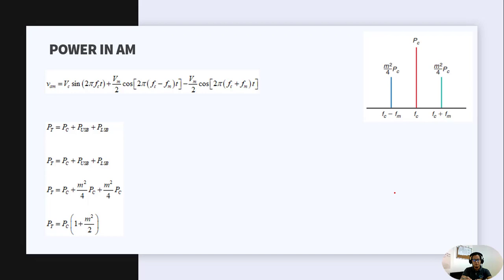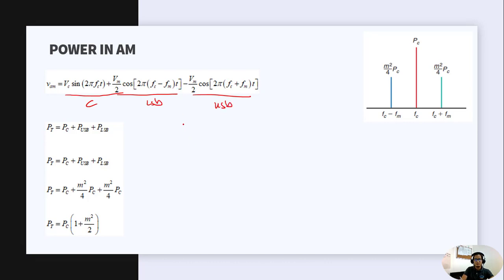Now, let's move dito. The power in AM. Ito yung frequency natin. Ito yung equation ng AM wave natin. So, we already established that the AM wave is divided into three, or a summation of the three waveforms: the carrier, the lower sideband, and the upper sideband.